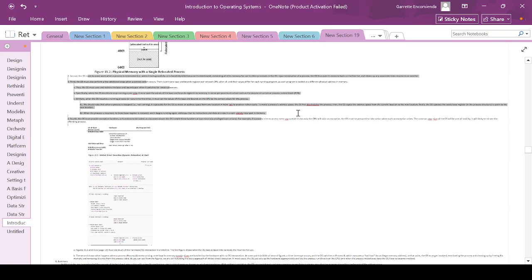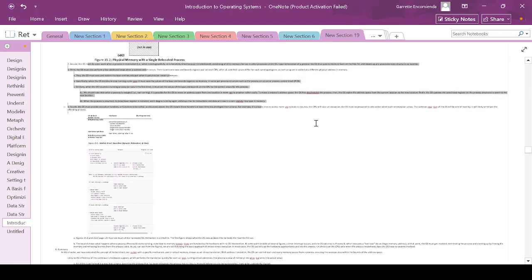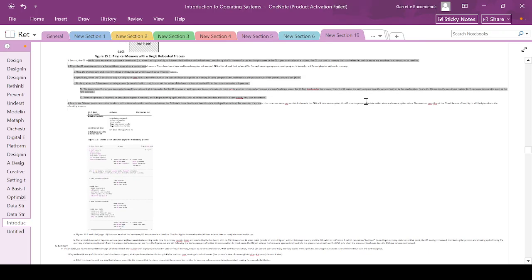To move a process address space, the OS first deschedules the process, then copies the address space from the current location to the new location. This is another power of the OS. When the process is stopped, it can copy that data and paste it to a new location in physical memory.